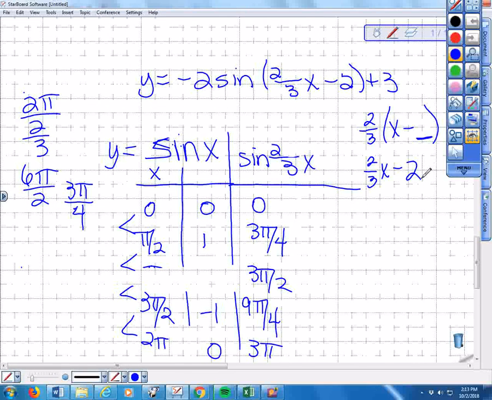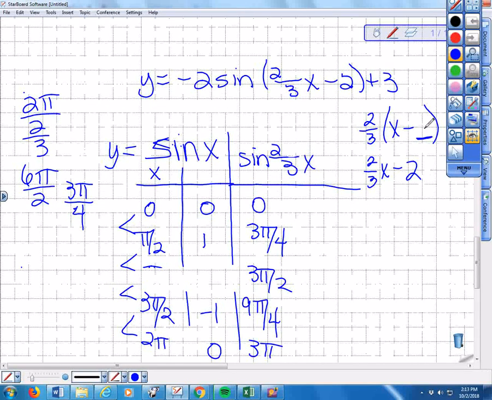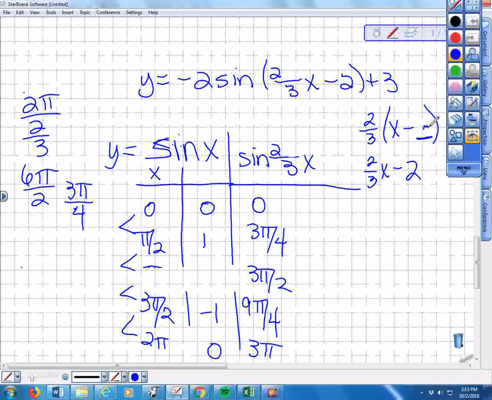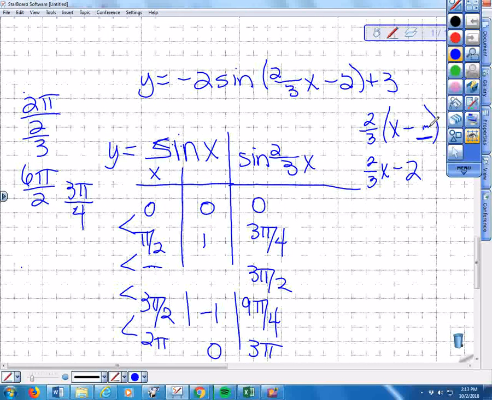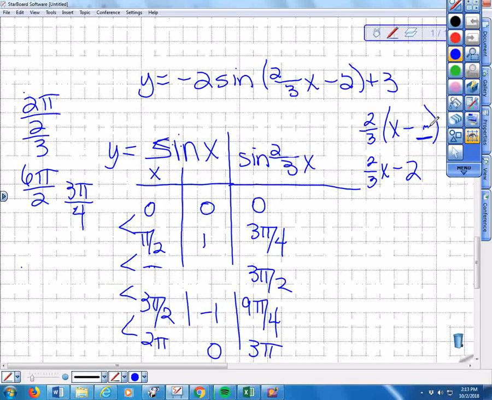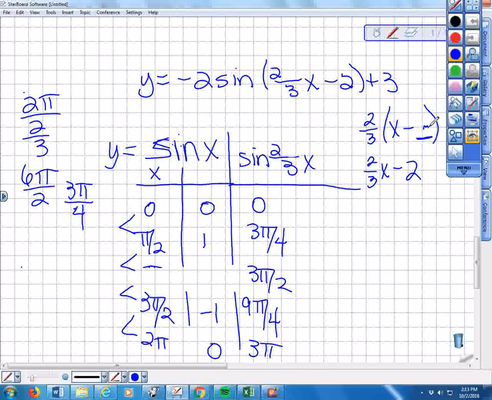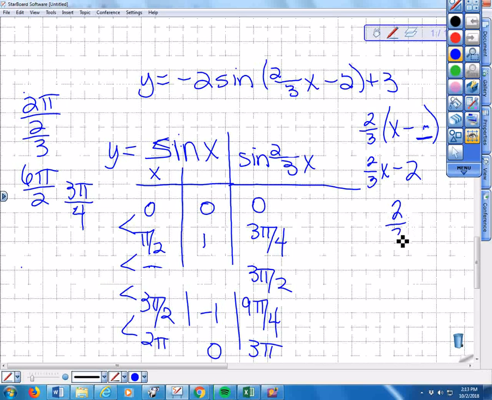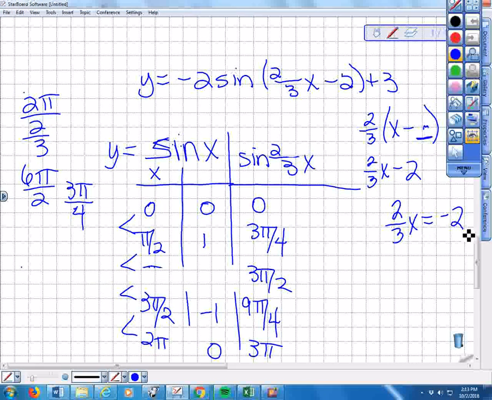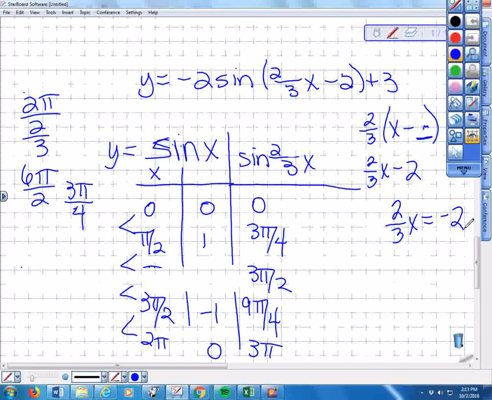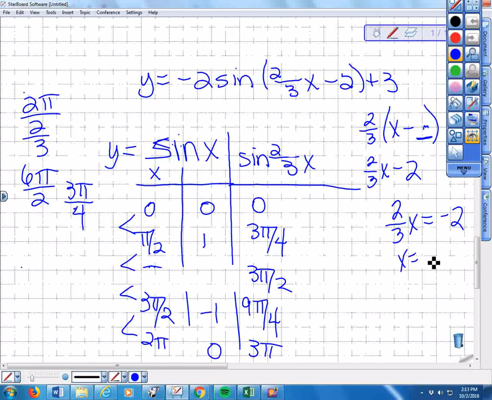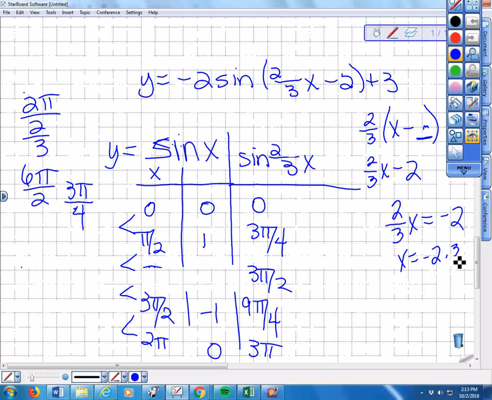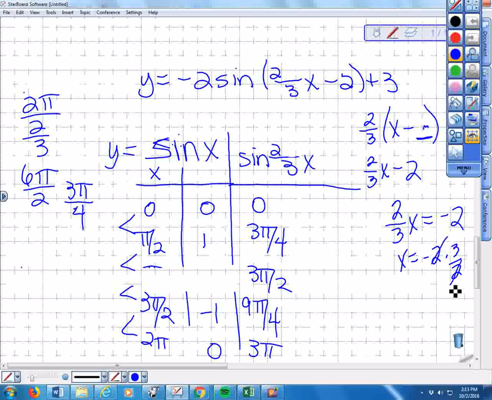So I've got to figure out what this is, because the shift is not 2, because the 2/3 is still in there. If it's hard for you to imagine, I just do this: 2/3 of what equals negative 2?